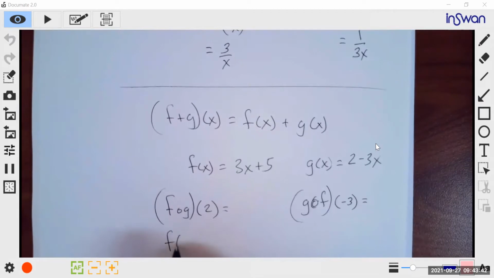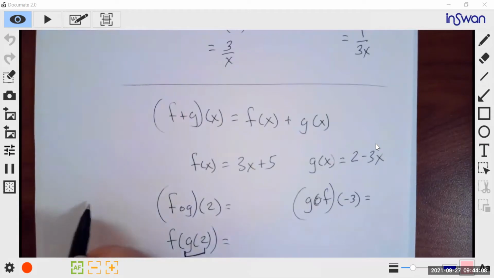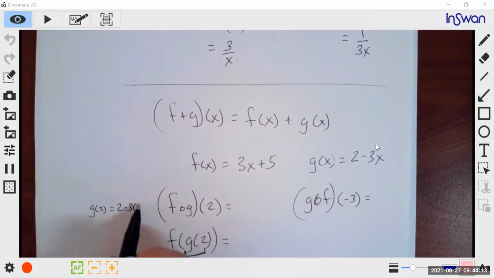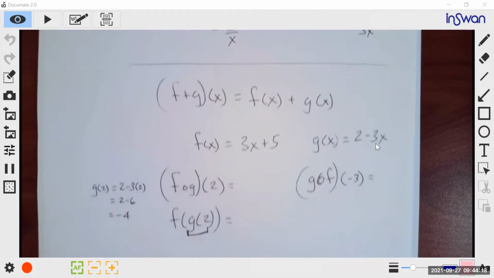So this one is f of g of 2. So we first have to find g of 2. So g of 2 is 2 minus 3 times 2. 2 minus 6 is negative 4.